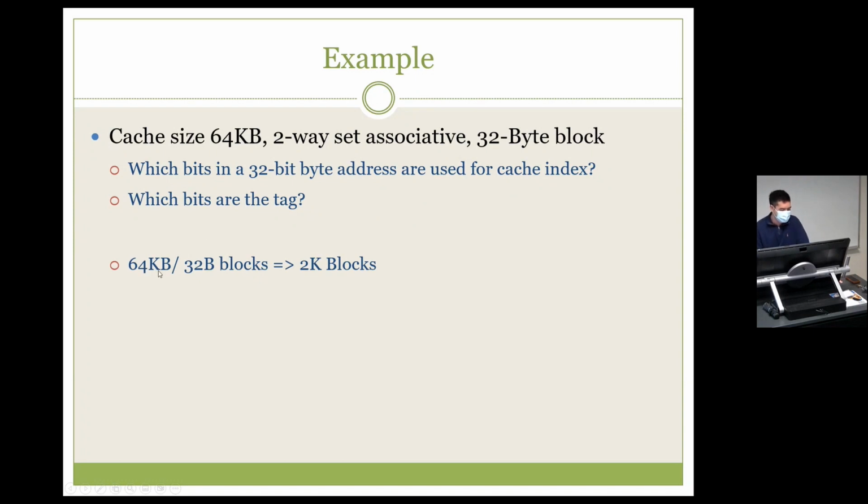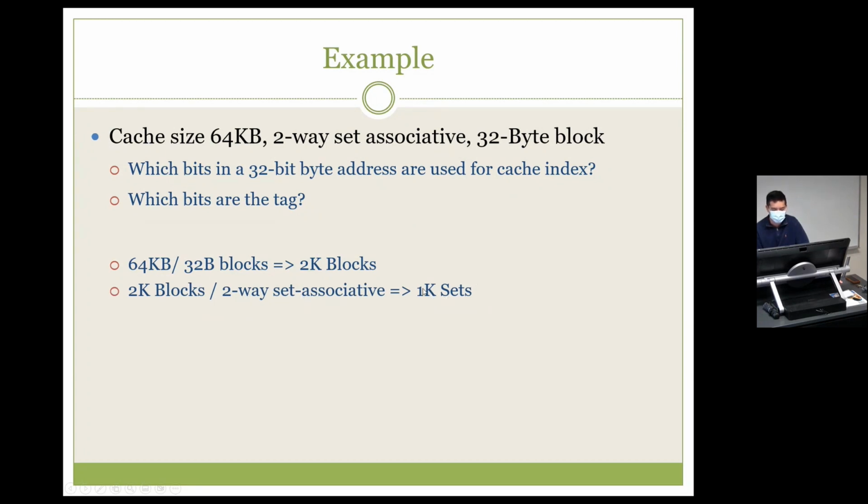So we have 64 kilobytes, and then 32 byte blocks. So we have 2,000 blocks, right? And then we divide the 2,000 blocks by 2 to get the number of sets.